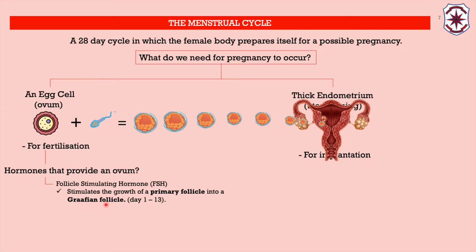Now, it is within the Graafian follicle, the bigger the Graafian follicle becomes, that we find a growing ovum.